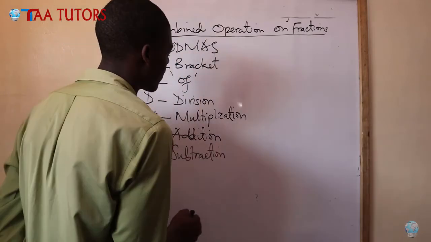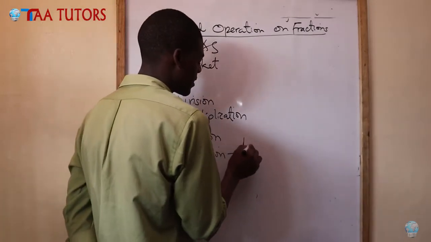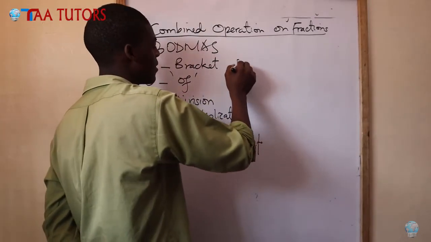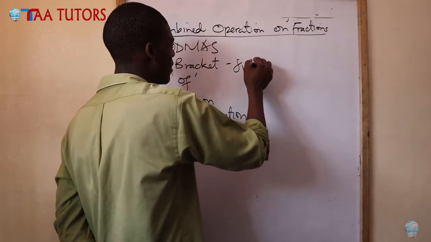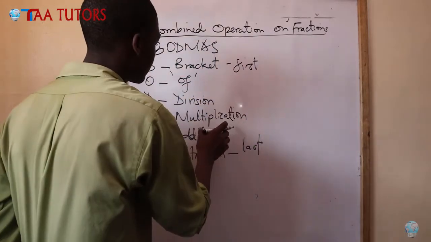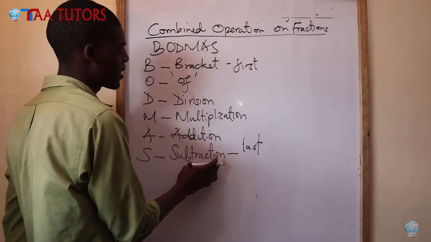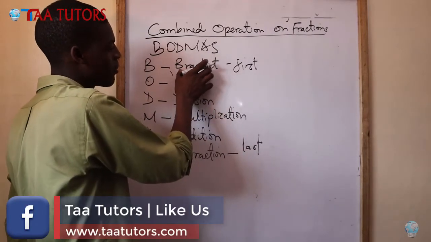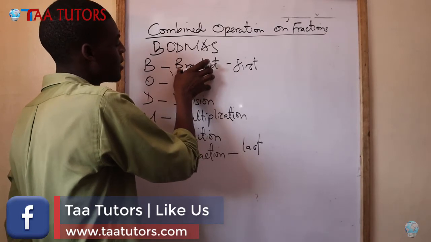What do we see? Subtraction is done last and the bracket is done first. In this bracket, you may find one or two or more operations, but they are inside the bracket. So as long as the question has a bracket, you will do that first.